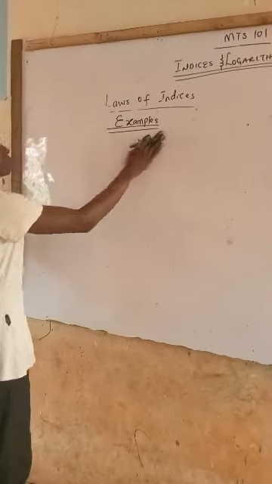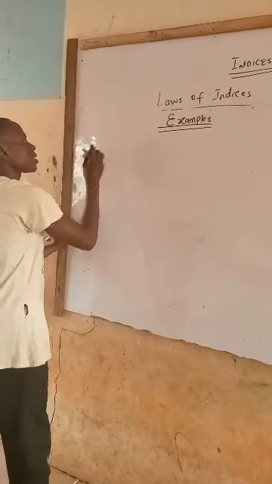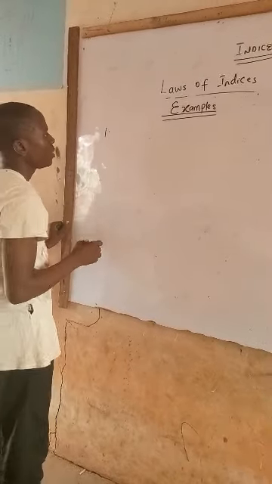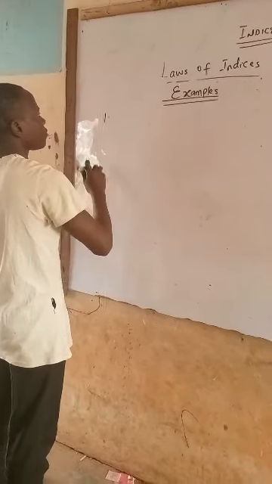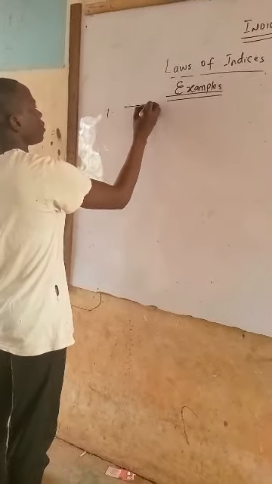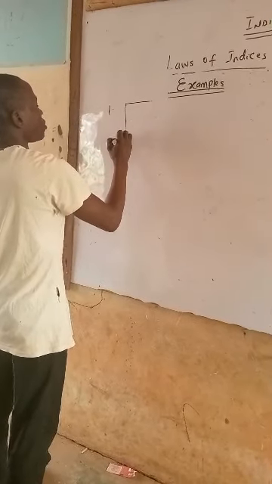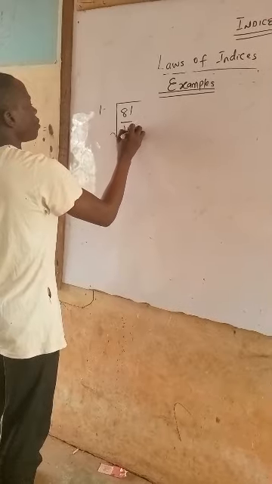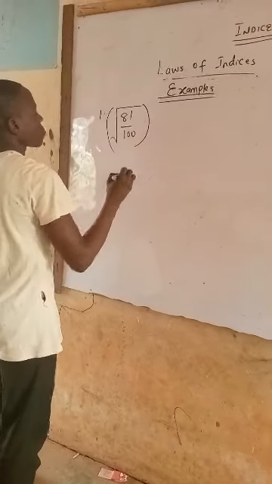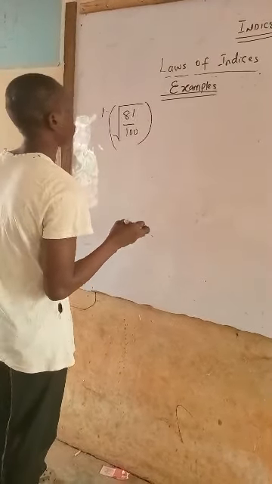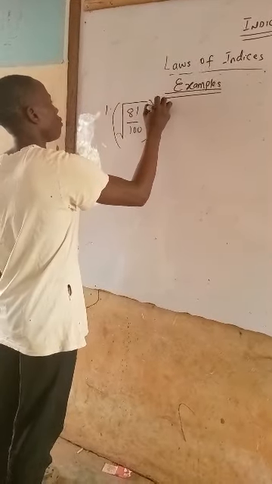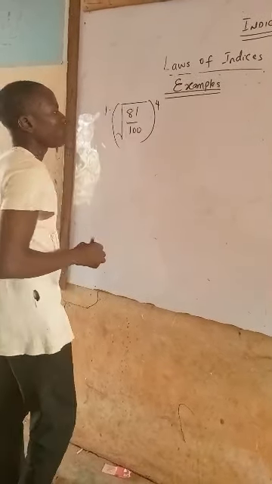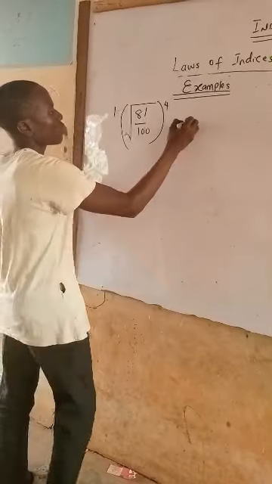Now, the first example here is, let's say we have square root of 81 over 100 raised to the power of 4.